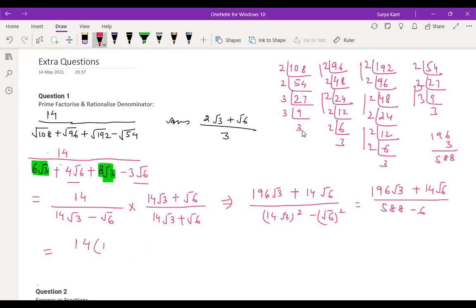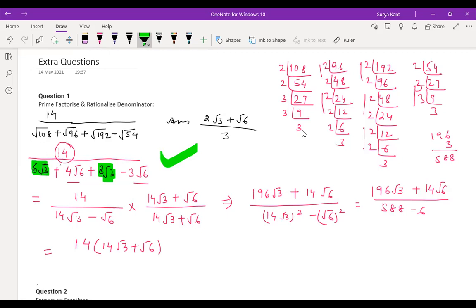Sir, is there any way of cutting down 14 root 6 and 14 root 3 whole square? Which part are you saying?